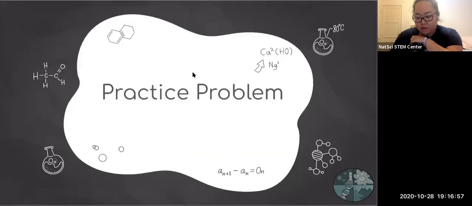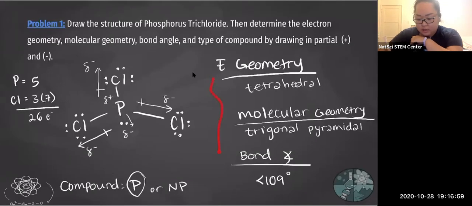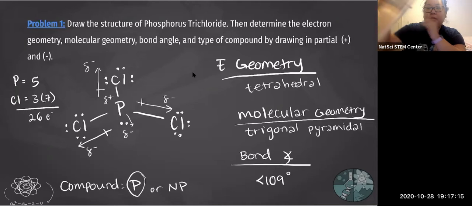So I listed those. Now with partial positive and partial negative, remember you're looking at electronegativity. If you look in your textbook or your professor's slides, they might go over electronegativity using the periodic table.